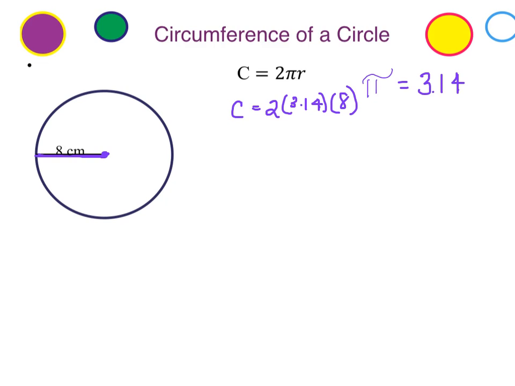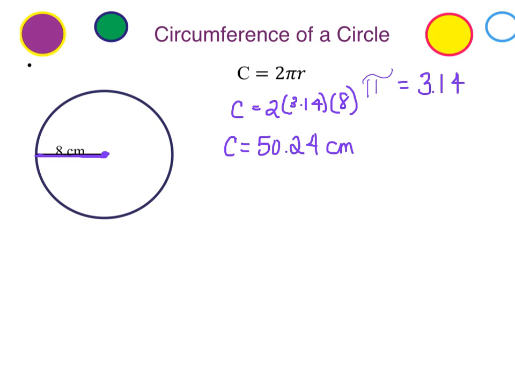Since all of my numbers and variables are touching, that means multiply. So I'm going to multiply 2 times 3.14 times 8, and I'm going to get 50.24 centimeters.